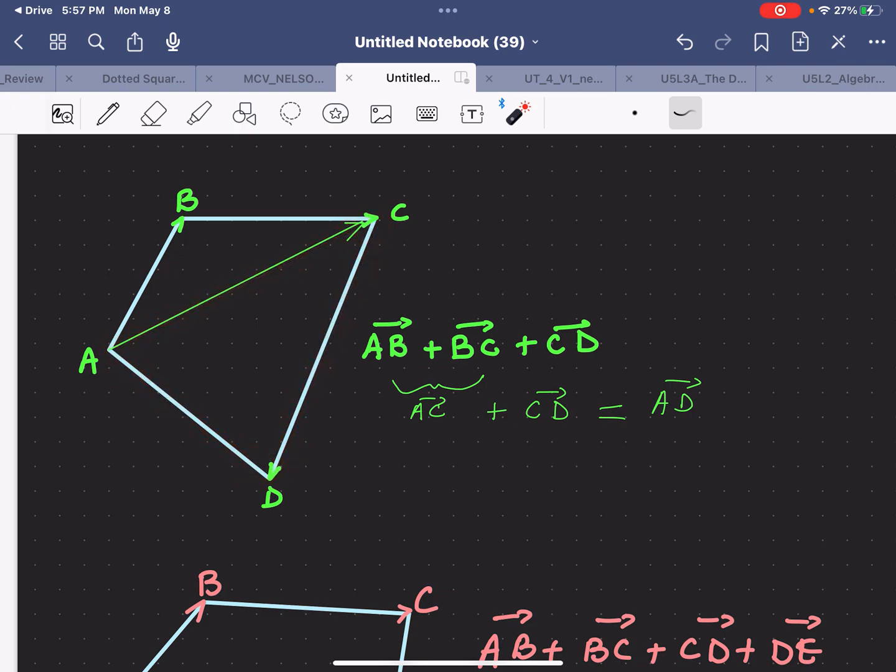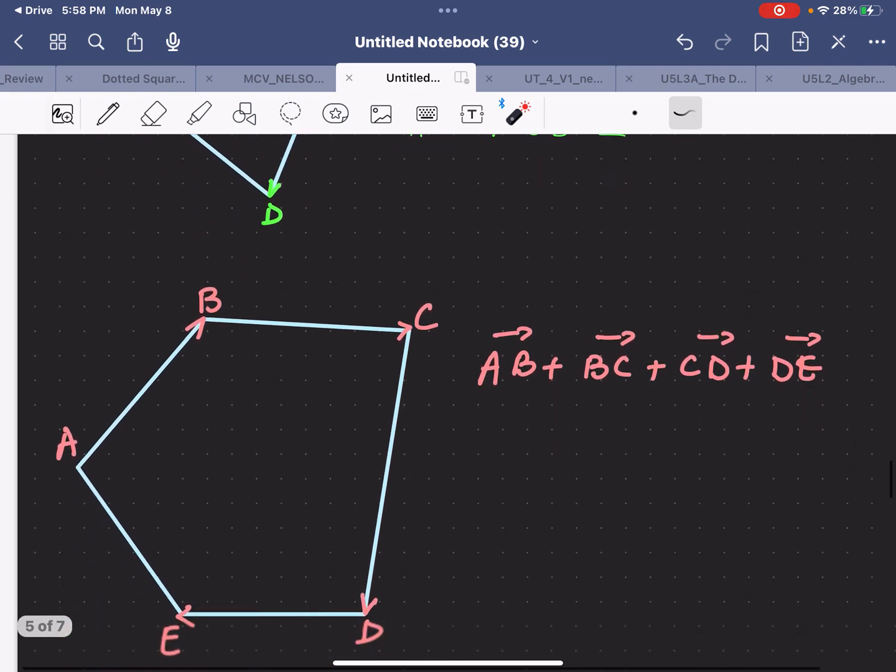As you can see in this addition, the first letter we start with is A and the last letter is D. So just by checking to see if the tails and heads are connected, the head of the first with the tail of the second, the head of the second with the tail of the third, then the answer will be made from the first and the last vector in the addition.